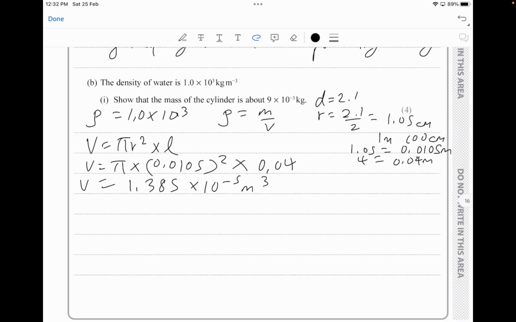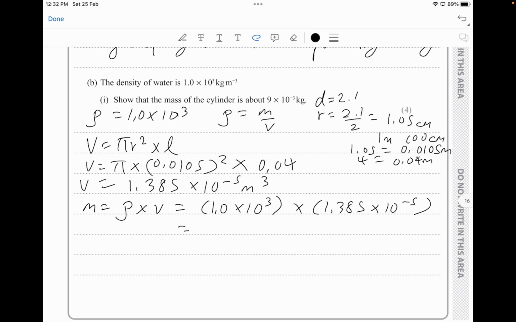Now we can show that the mass is roughly about that, since we know the mass is the density times the volume. So it's equivalent to 1.0 times 10 raised to the power 3 times the volume. This is 1.385 times 10 raised to the power negative 5.